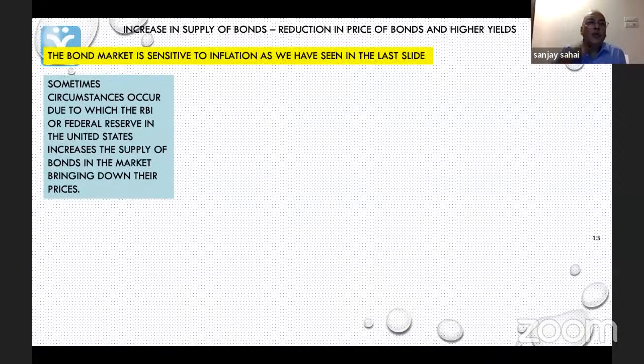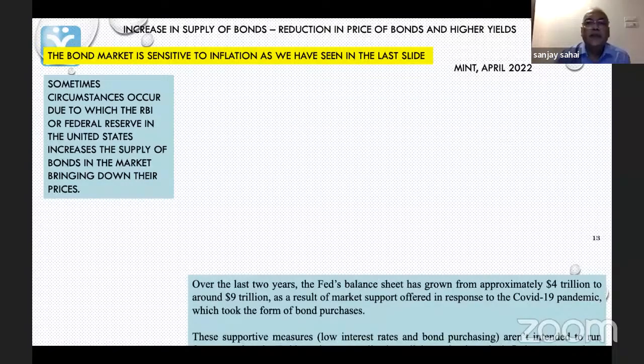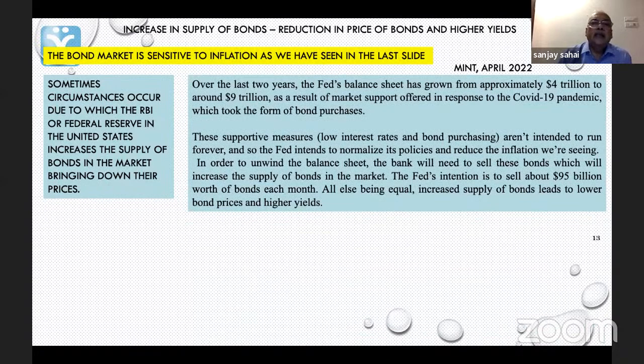what I want to show here is a little article which was there in Mint. Now, in this article, basically what they are telling you is that because of inflation in the US, they began to sell the bonds that they had in the market.